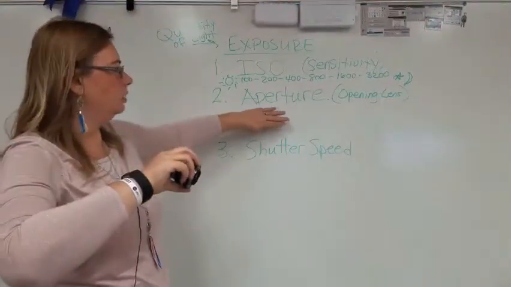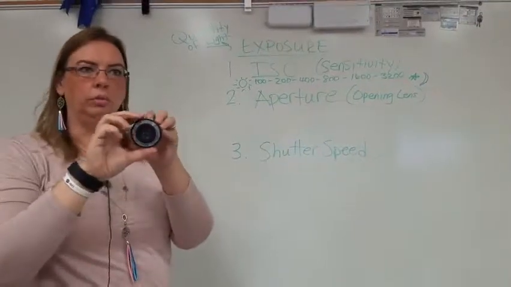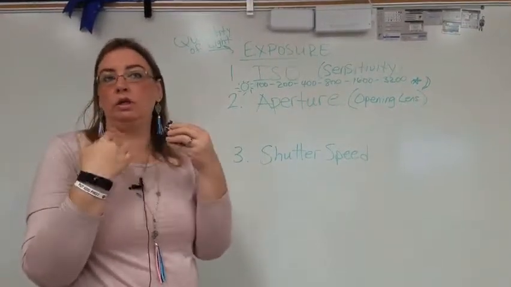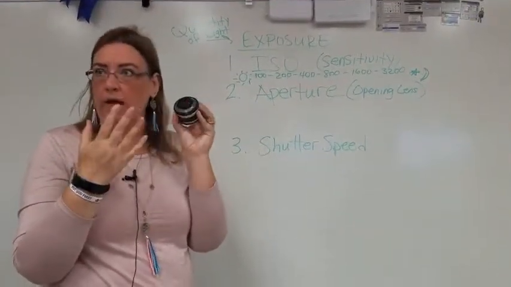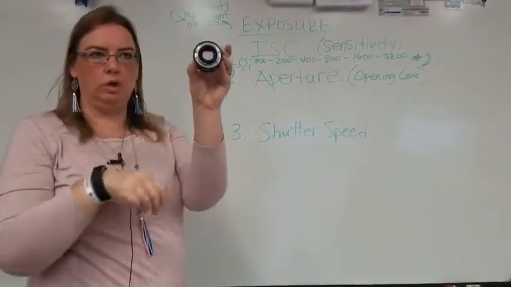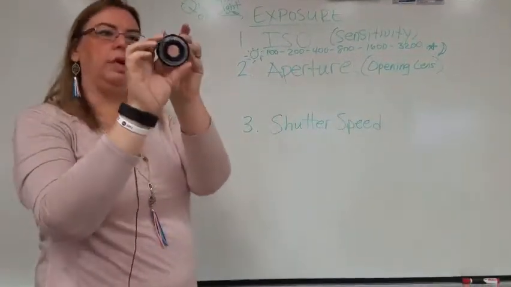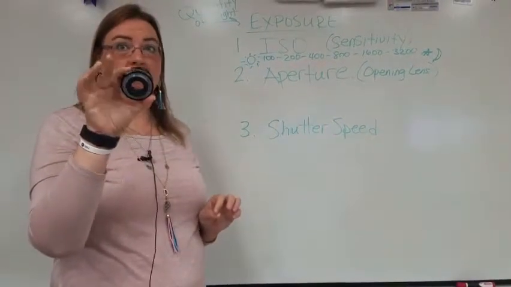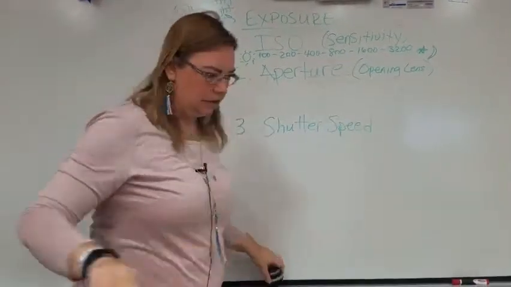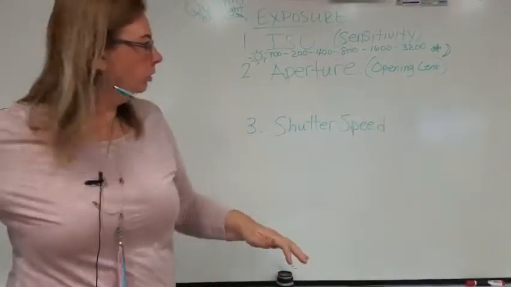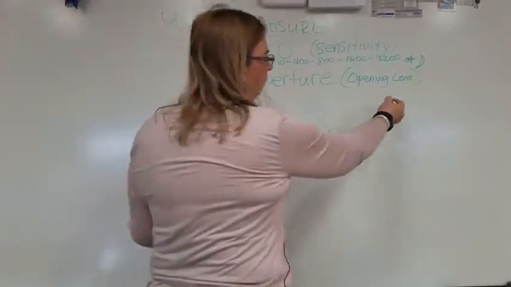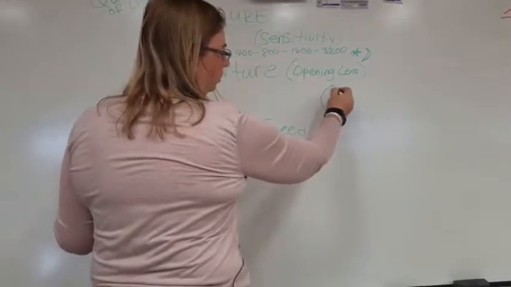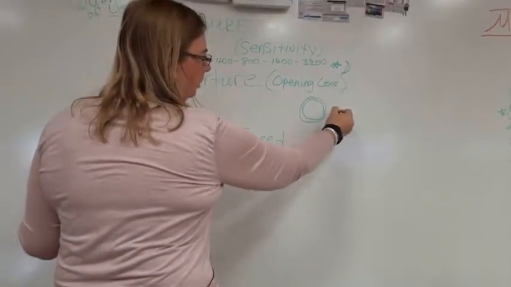So as it relates to exposure, remember I told you guys the other day, I relate it to my eyes and whether or not I have to squint. So when would I use a wide open aperture? What kind of light? Dark, okay? So I'm going to do a big opening here, when it's kind of dark out.